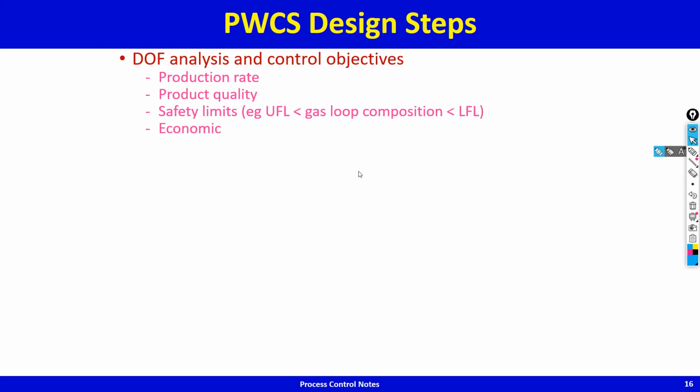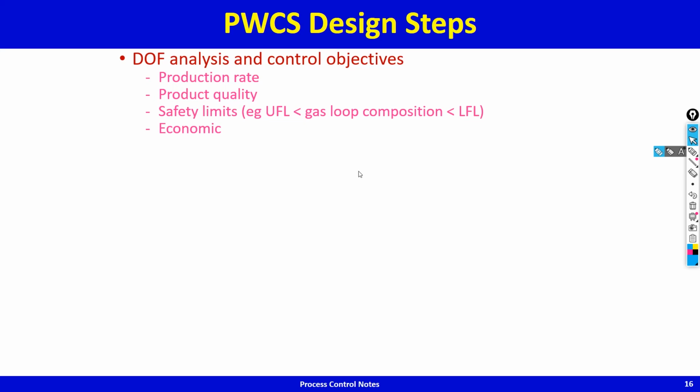So you also have these economic considerations that translate into what to control, so that these unconstrained degrees of freedom that are not at their maximum or minimum limits are managed in a near optimal manner. Yeah, so all of that is part of this degrees of freedom analysis and control objectives.